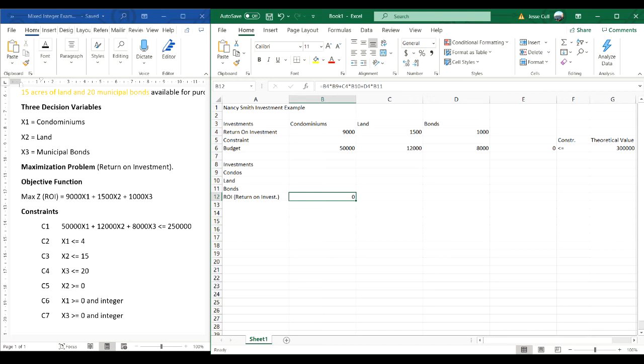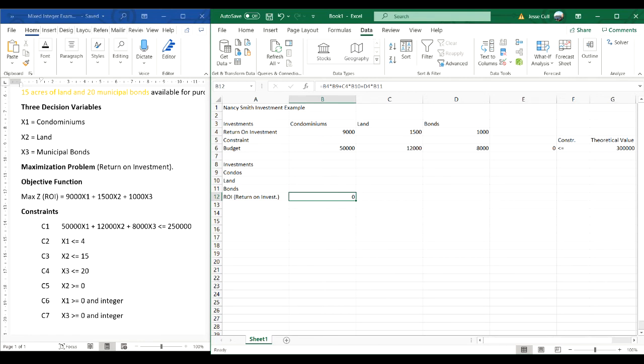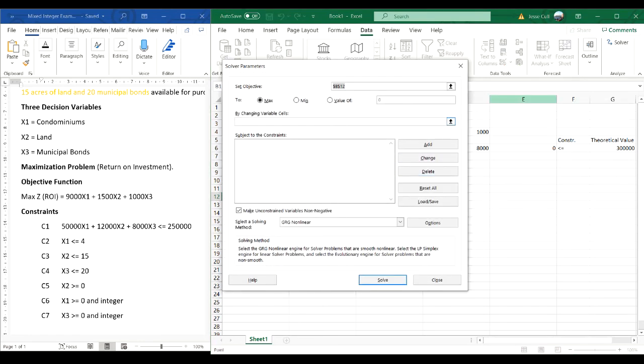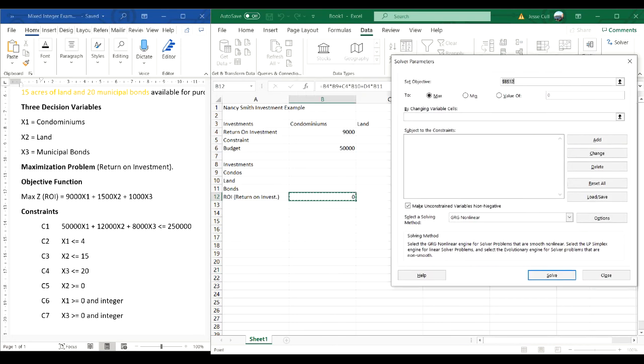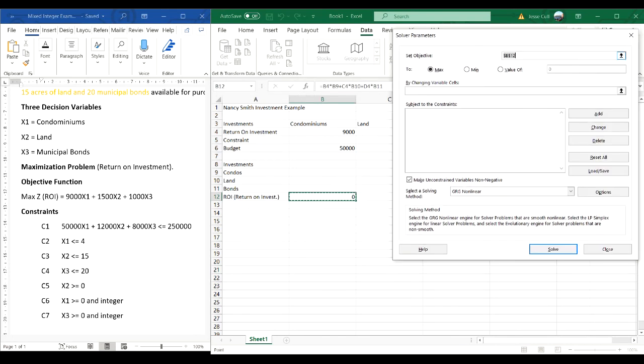So let's go to the data page. We click on data. We go over to solver. First, our set objective, as always, is to maximize our return on investment here. It's a maximization, and we are changing 3 cells: condos, land, and bonds.